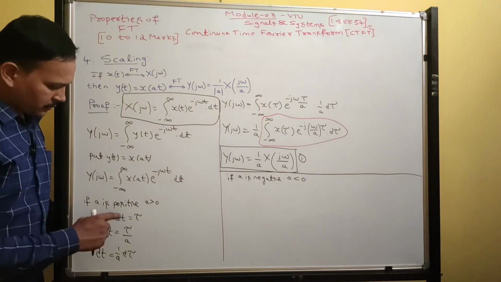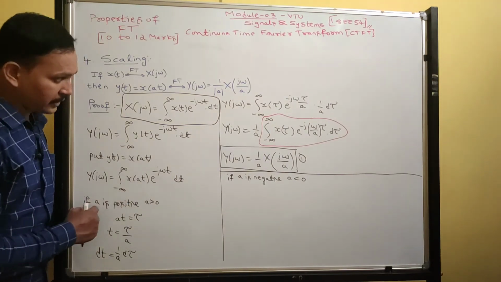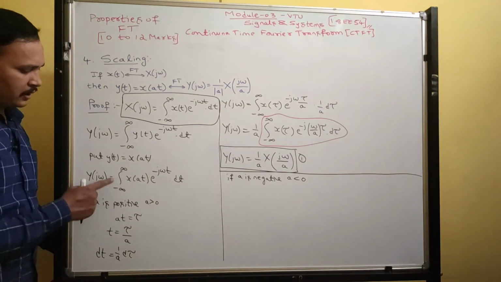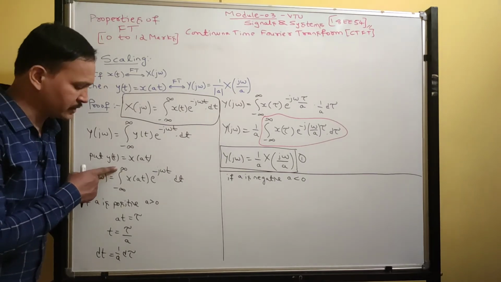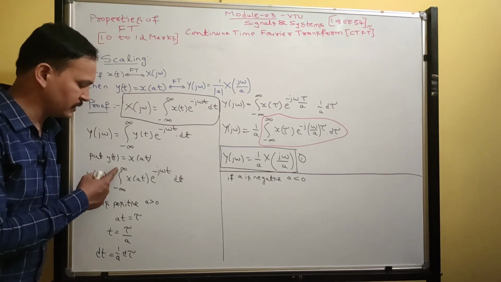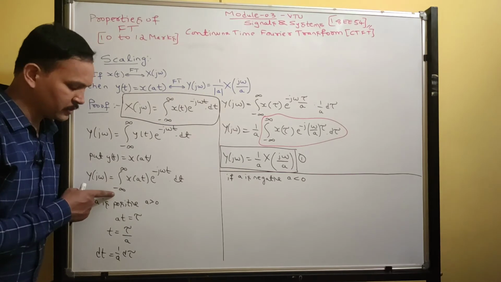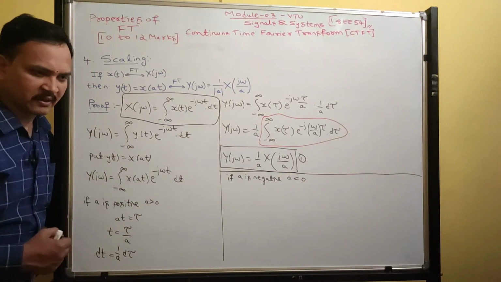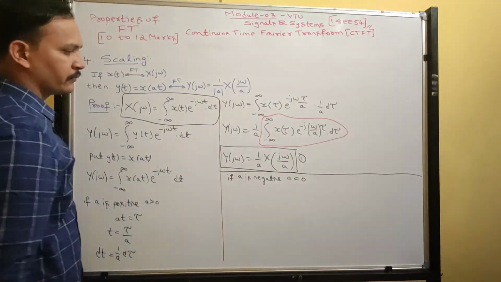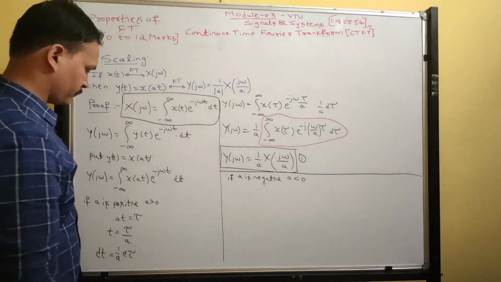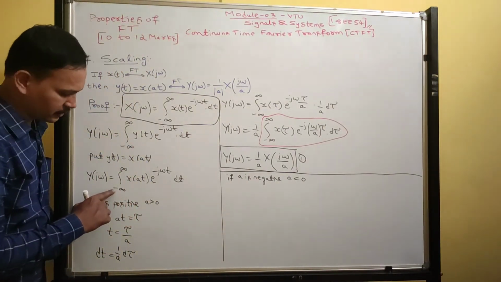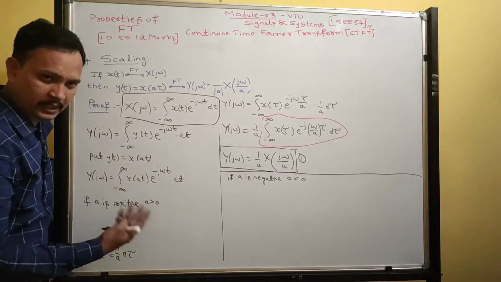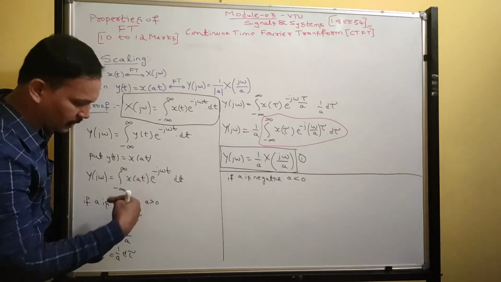See guys, for a positive, you take the upper limit, infinity, as positive values, and the lower limit as negative values. So if a is positive, you take the upper limit as positive. If a is negative, then you take the lower limit, minus infinity, in reverse. For a negative, you write the limits in reverse order.